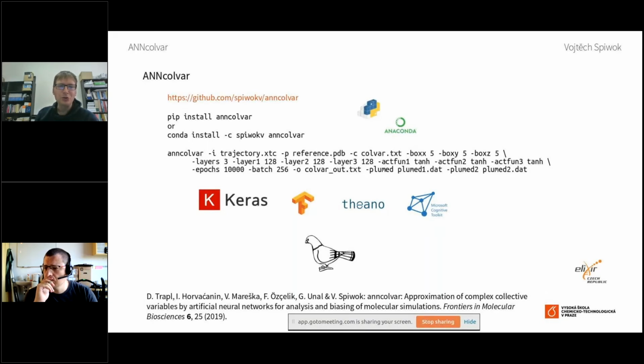You have to choose a number of epochs, and if you use batches in the learning process, you have to specify the batch size. The output is the approximated collective variable, and you also get the file which can be directly used in the popular metadynamics or enhanced sampling package called Plumed.